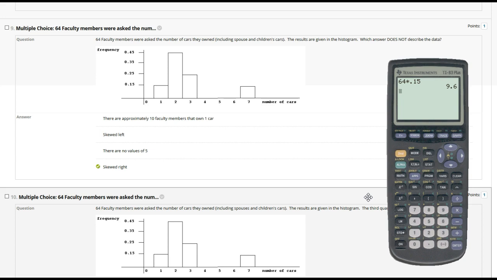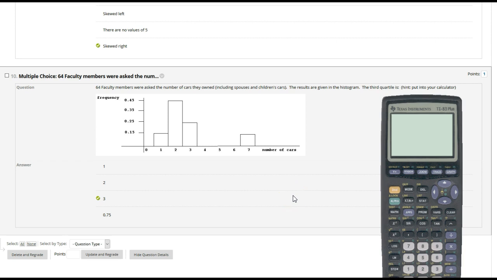About 15% of the 64 faculty members own 1 car, and that's 9.6, which we'd round to approximately 10 faculty members. That's correct. Skewed left. Well, if we look at the data, the majority of the data is skewed left, so it's not 1. There are no values of 5. That's actually very true. And skewed right. So it is definitely not skewed right, so that does not describe the data, and that's our answer here.